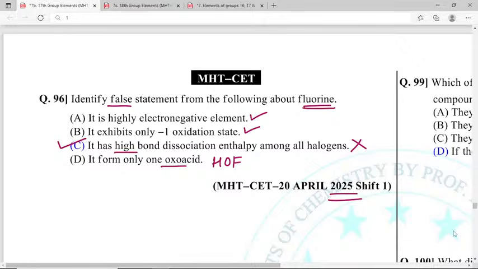HOF is the only oxoacid. Correct. Bond dissociation enthalpy is not high, it is low. Very important question, please note it down. This is the anomalous behavior of fluorine.